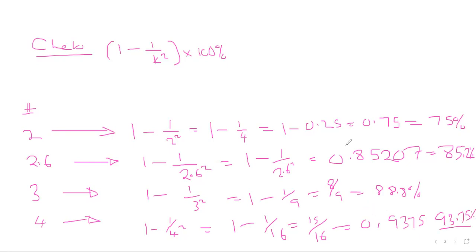So you can summarize it in your table if you want. The number of standard deviations, if it's 2.6, what percentage are we looking at? 85.2%. If it's 2 itself, I should have started with 2, what are we getting? 75%.